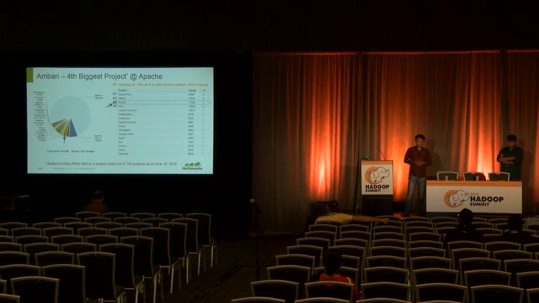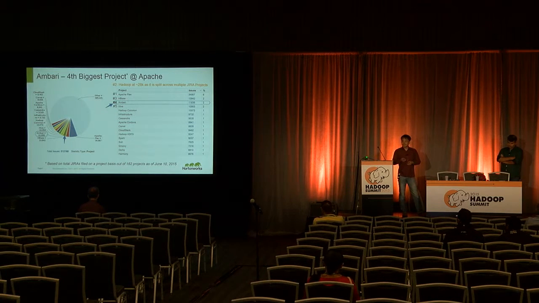And this slide is showing how big the Apache Ambari project is in the Apache world. So I did a little stats. Basically, this is JIRA count by project basis. And Ambari is number 4.